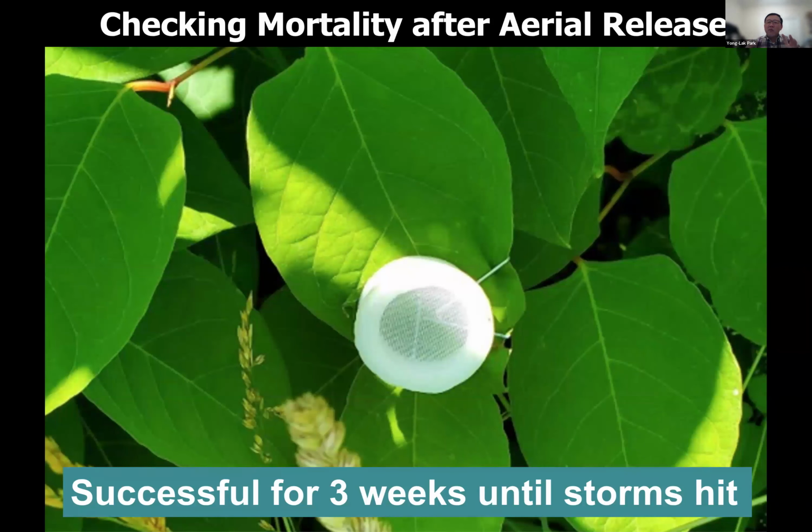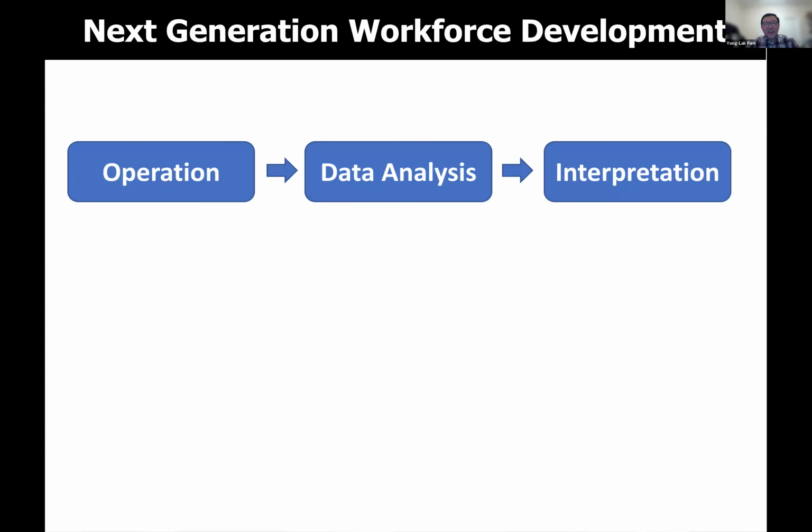So this is kind of a modern way, again using drones, sensors, AI, natural enemies, and mechanics together. Okay, so this is my last comment. When we talk about using drones for detection, first we have to operate drones in the field, then do the data analysis, and then interpret, right?